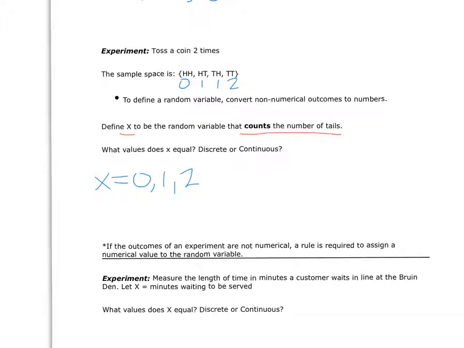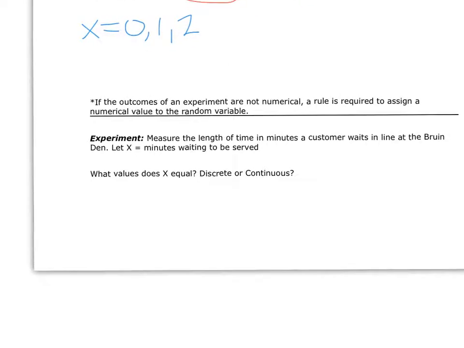All right, so also we want to ask the question, do we have a discrete or continuous random variable? We're looking at the values that the variable takes on, so that would be discrete. Okay, so takeaway from that one, if the outcomes of the experiment are not numeric, then a rule is required to assign a numeric value to create the random variable.